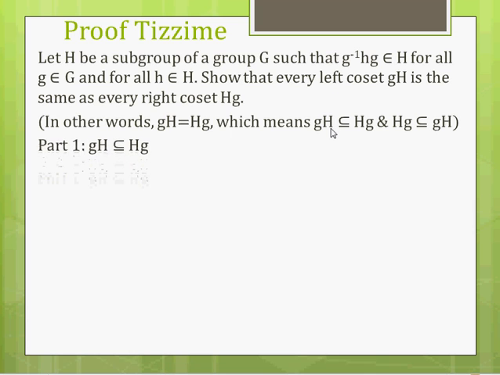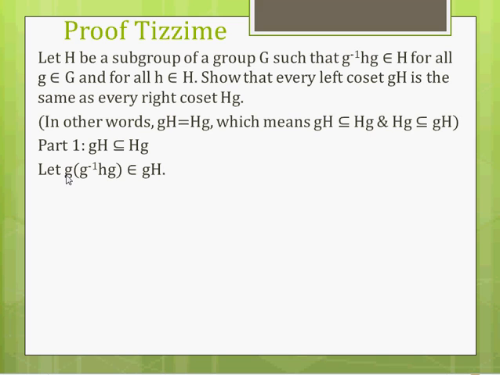So, part 1, we're going to show that gH is a subset of Hg. So we take an element in gH. We know that this is in H, and this is our fixed element g.